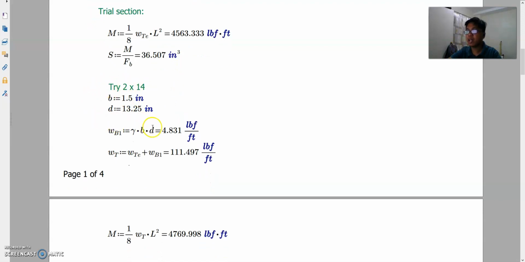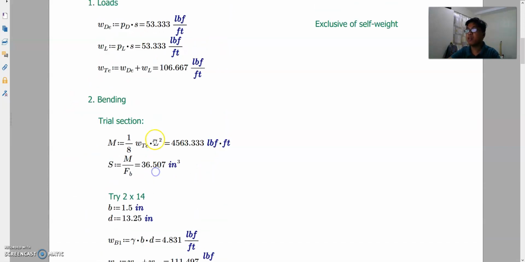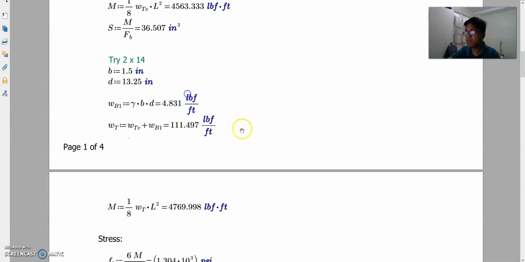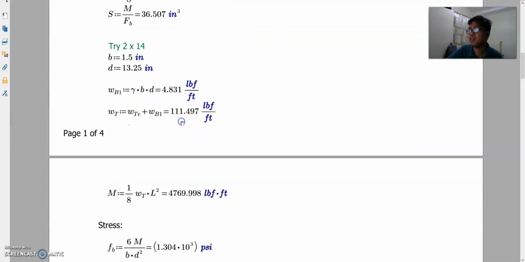We get the exact dimensions, and then remember that when we solved for the dead load, we did not include the self-weight, and so we add the self-weight, which would put our total load into 111.